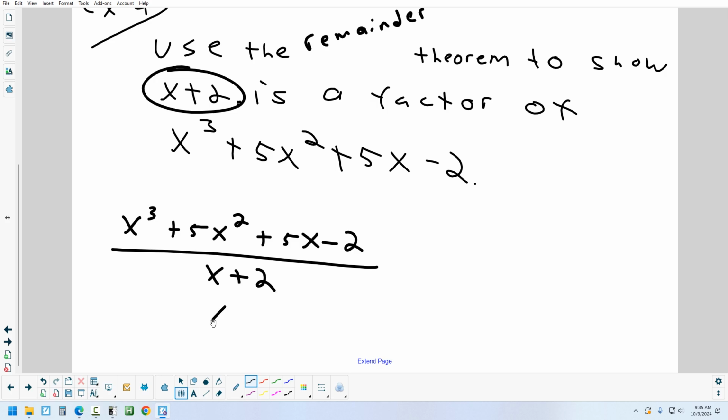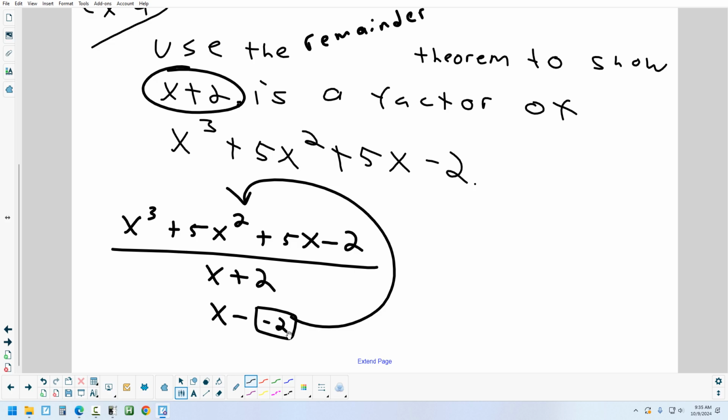So can we figure out what would be in that box? And that's what you fill into the top. -2. Right. We've got to think of that as a -2. So now, if you plug -2 into the top, that means that x plus 2 goes into it evenly if you get a remainder of 0.